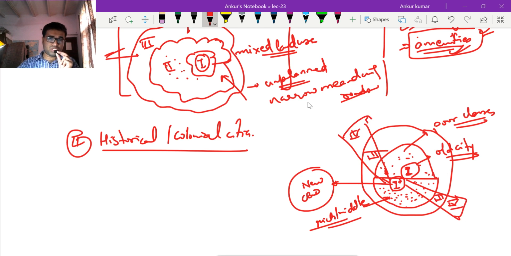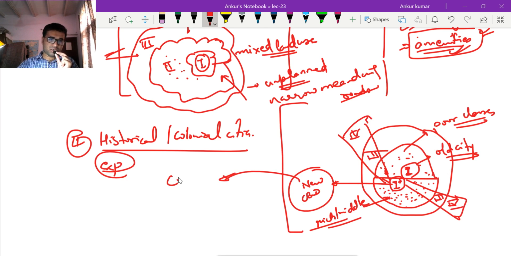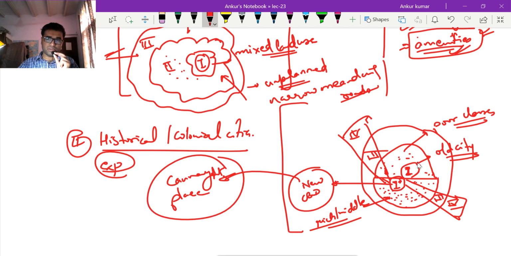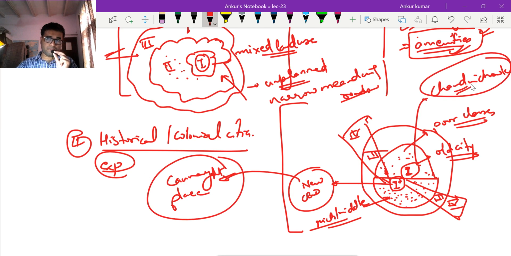So this was the historical or colonial city model, right? For example, the new CBD can be Connaught Place, and the old city example can be, say, Chandni Chowk. In this manner the historical or colonial cities grew.